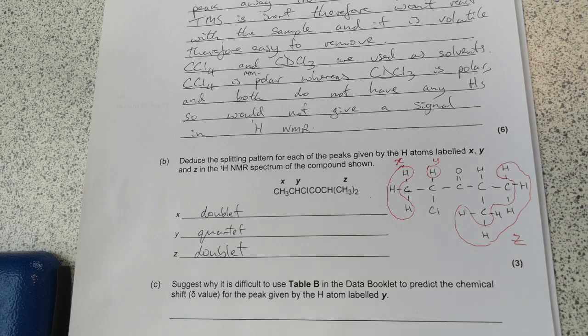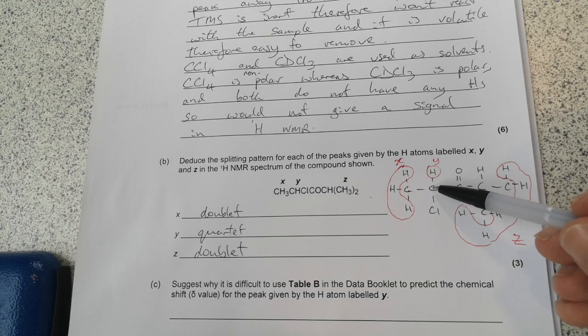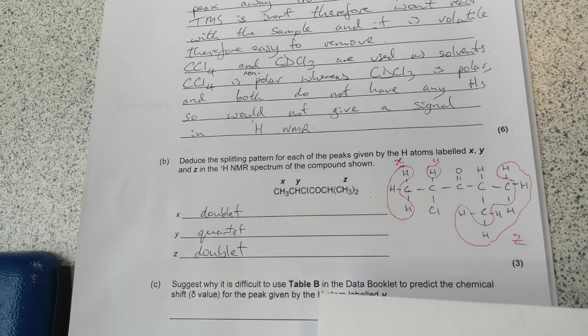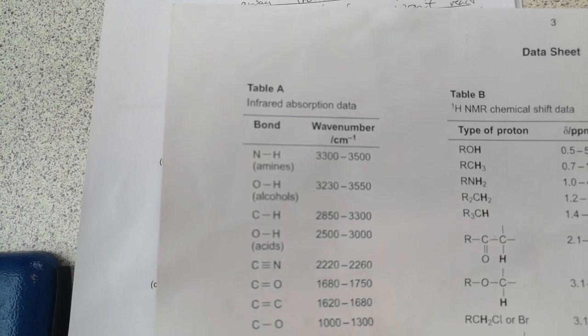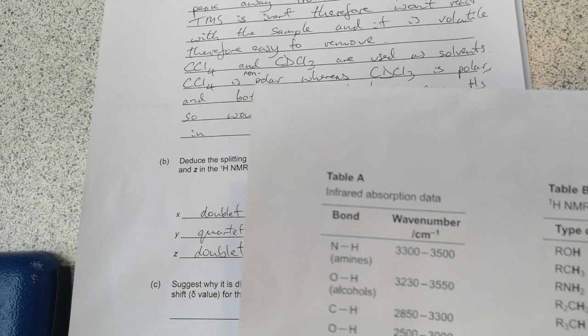Okay, now we've got to suggest why it is difficult to use table B in the data sheet, which I've got here, to predict the chemical shift value for the one labelled Y. So the one labelled Y is here, and we can see that it's bonded to a carbon next to a chlorine and a carbon next to a C double bond O. The problem with that is in our data book we have two ways of looking at it, really.